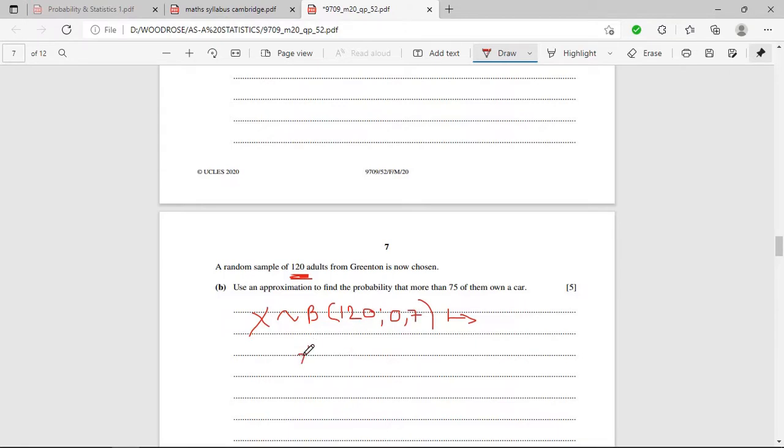You change it from binomial to normal, where the mean will be np. Here it's your n and your p. And from the binomial, how do you find the variance? It's npq.